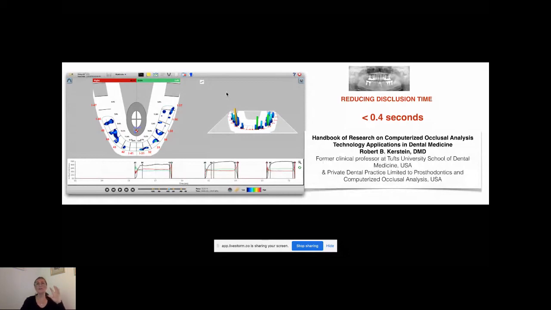So this is a very, very valuable technology, which can be looked up in this book, where it is described in the chapter on digital occlusion and implant rehabilitation.